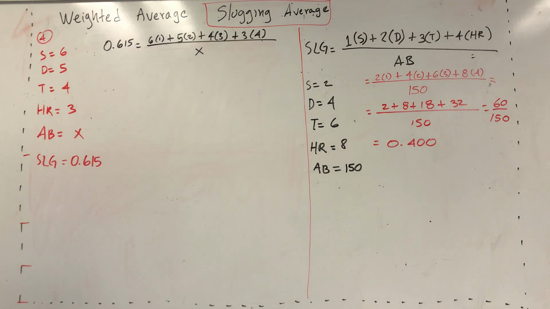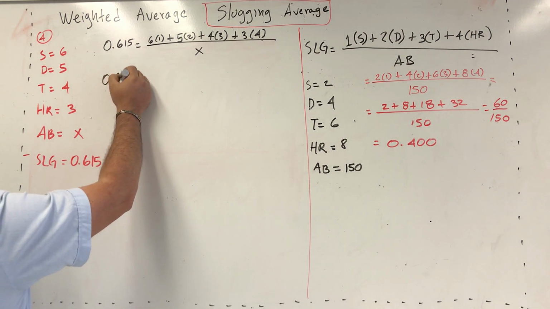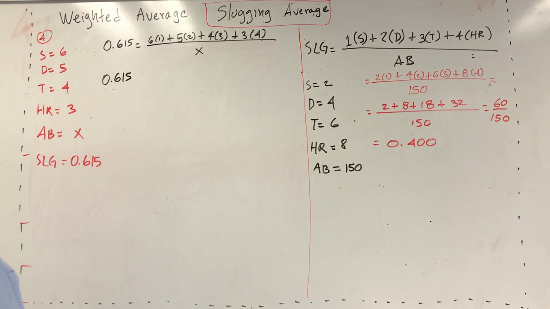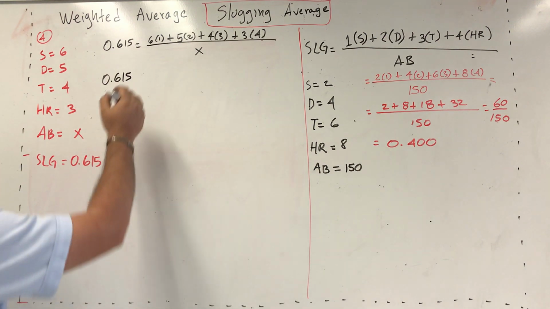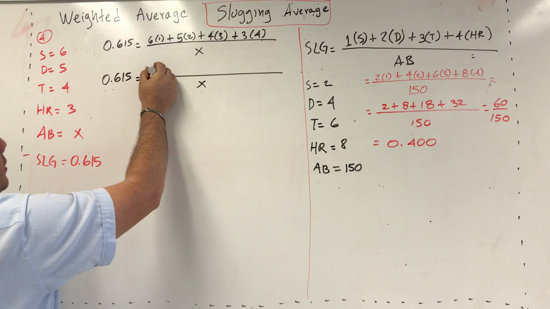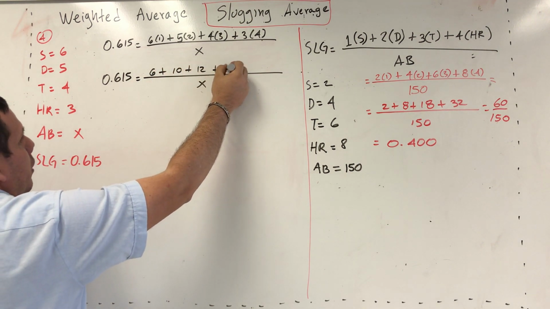And we continue with this equation. It's a first grade equation. 0.615 is the slugging average equals, and we multiply 6, 10, 12, and 12.